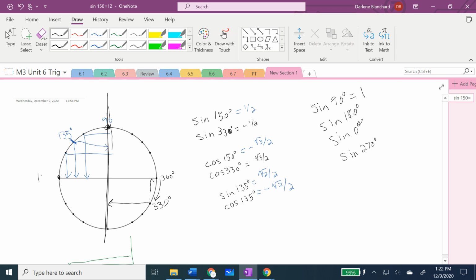If you land on 180, what is the y coordinate of this point? 0. Thank you. So that's the sine of 180. 0 degrees, what is the y coordinate of 0 degrees, which is the same as 360?